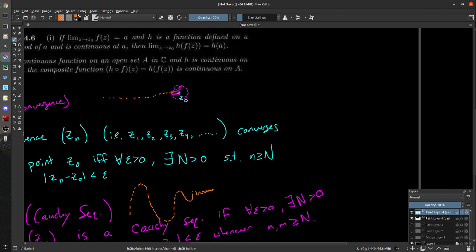So if Z_n goes to Z naught, if some sequence of points converges, then f of z_n converges to f of z naught. This is what continuity means: it preserves all convergent sequences. I will not go through that right now. I'm going to erase it because I'm going to ask you to prove it, and if I didn't ask it in the homework, then I will probably ask it for extra credit.